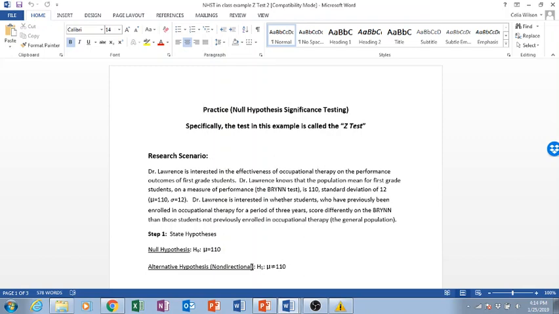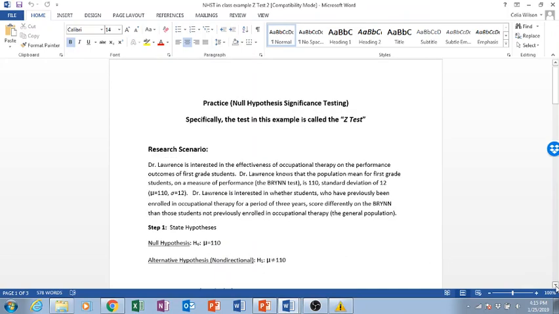But if you remember how that probability was split in a non-directional test, for us to find significance, our obtained probability has to be even smaller than in a one-tailed test or a directional alternative. So even if Dr. Lawrence really feels like occupational therapy kids are going to score better, it's perfectly fine for her to write that and then run a non-directional test, just because this is harder to find statistical significance. Okay, I hope that makes sense, but here we go.